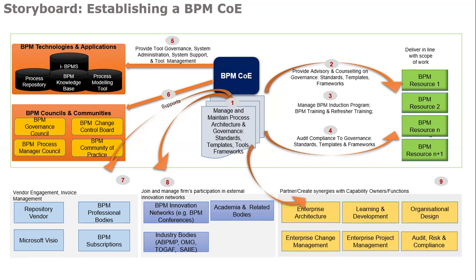Atlassian also has an IBPMS, Oracle has, and so does IBM. We're talking about the process repositories, the knowledge bases, basically where we store our BPM artifacts, and the modeling tool. The modeling tool is sometimes part of your IBPMS, but often it's also a standalone.